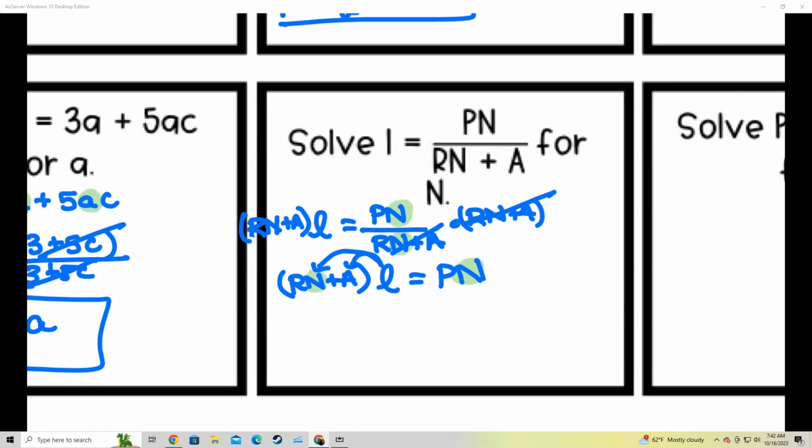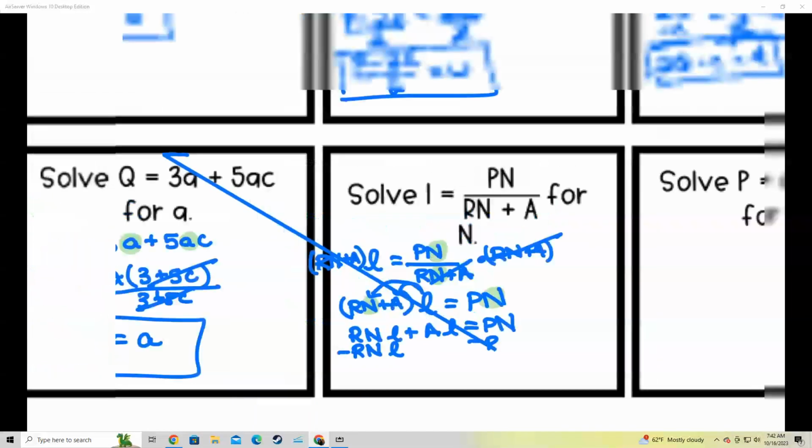I get RnL plus AL equals Pn. Okay, I still have the n's on two different sides. So now I'm going to go ahead and get rid of this plus RnL. I'm going to subtract RnL on both sides.